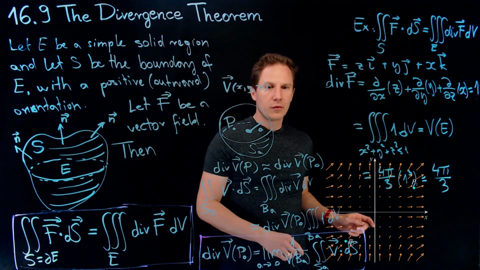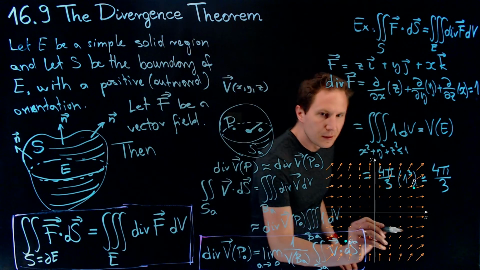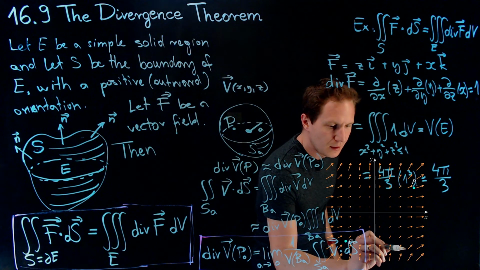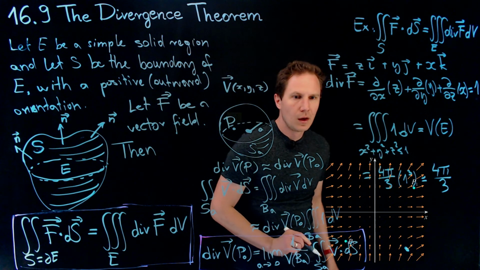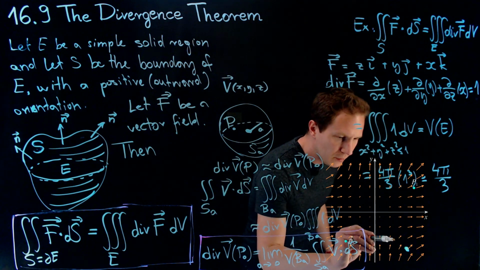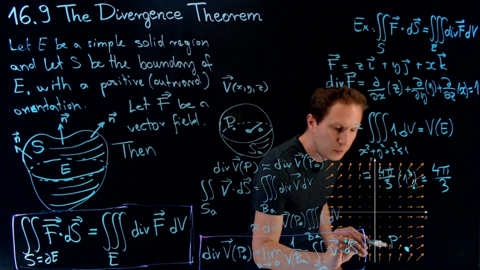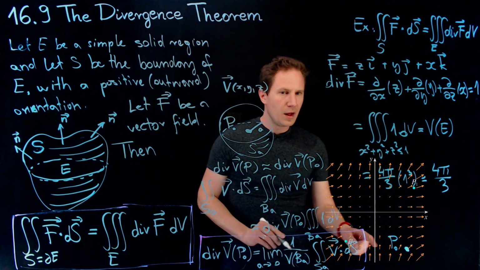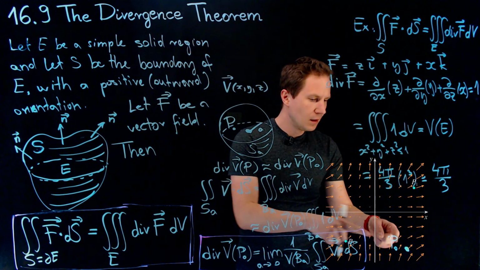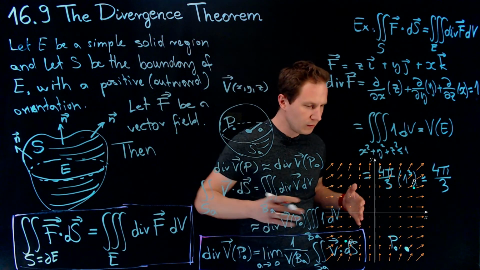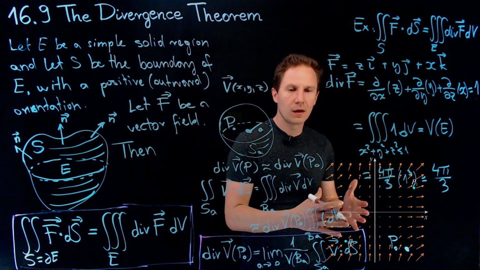So for example, right here, we have a point, let's call this point P naught, where we have longer vectors coming in than the vectors leaving it. So there is a net inward flux.